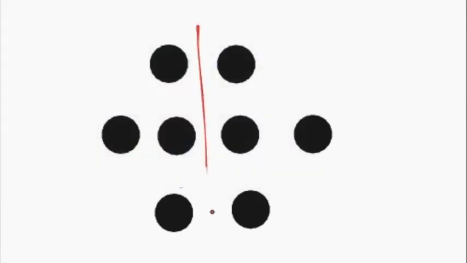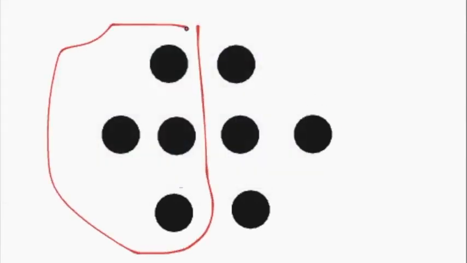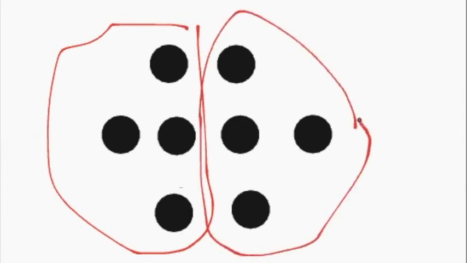Maybe we could split it down the middle like this. It almost looks like a butterfly or a ladybug. How many dots are on this side of the ladybug? 1, 2, 3, 4. How many are on this side? 1, 2, 3, 4. 4 and 4 make 8.